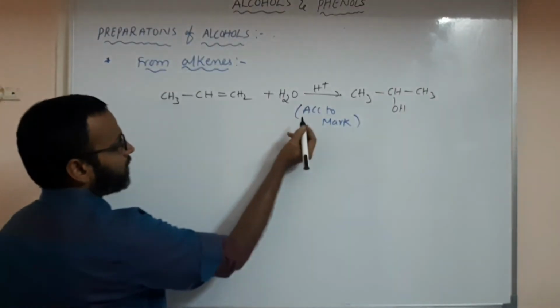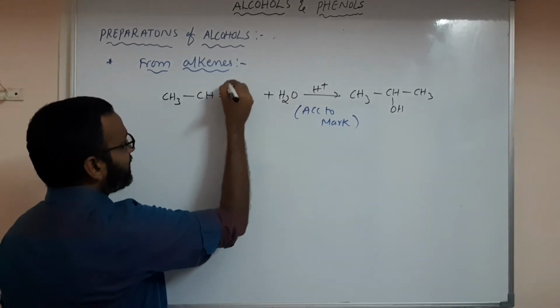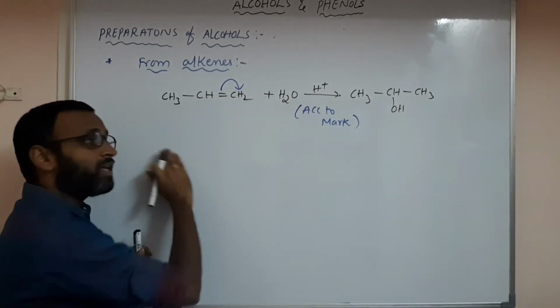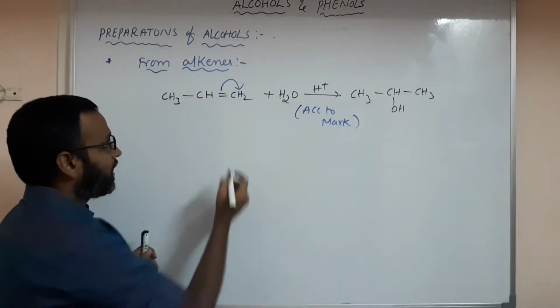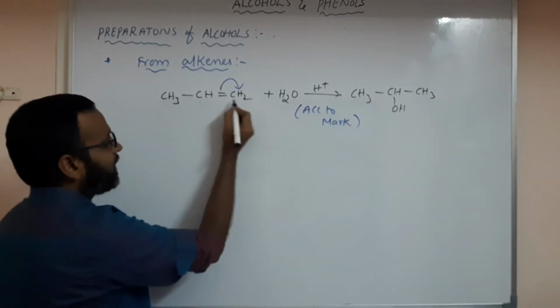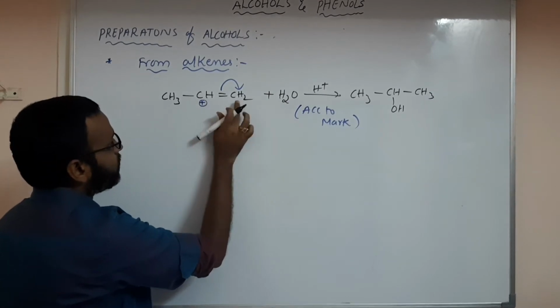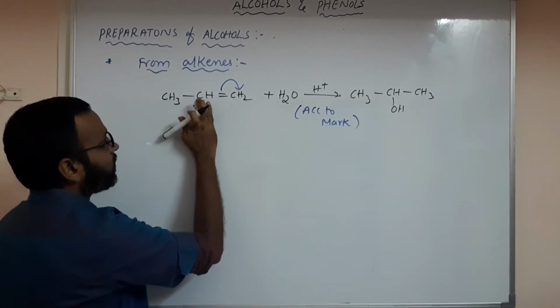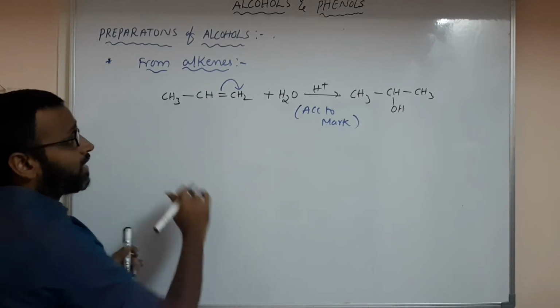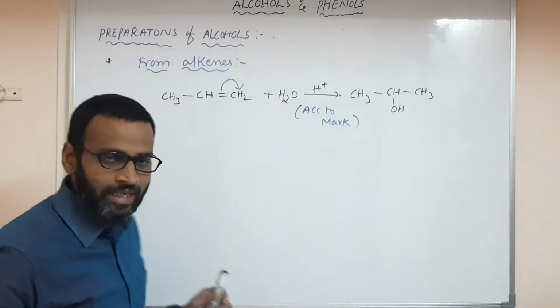This is very, very important. So this has to migrate like this. Why, sir? Because here the positive charge is secondary and here the positive charge is primary. Secondary carbocation is more stable than primary carbocation.